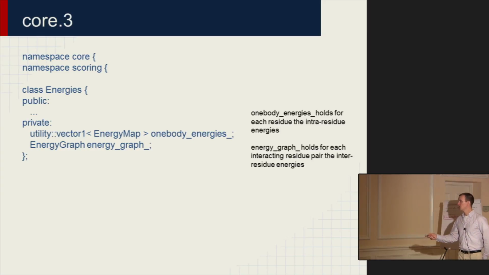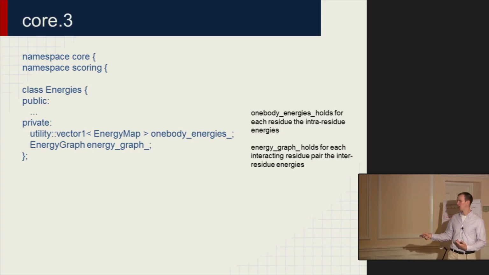Okay, so class energies, this is a data member of class pose. So pose has an owning pointer to an object of type energies. It has a vector of energy maps, one for each position in the pose, representing the one-body energies. So these are all the interaction energies that a residue has in vacuum, kind of by itself.